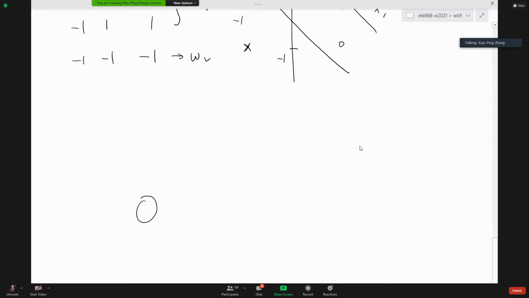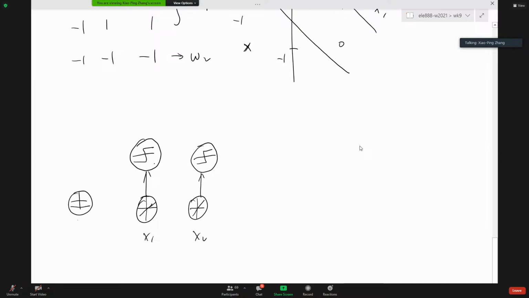So basically, we have here x1, x2. This one just passes through with linear. And then you have the activation function here. And here we have a bias, so it's just one.